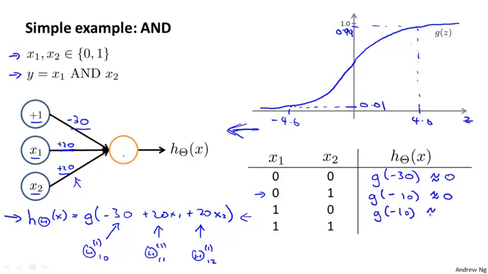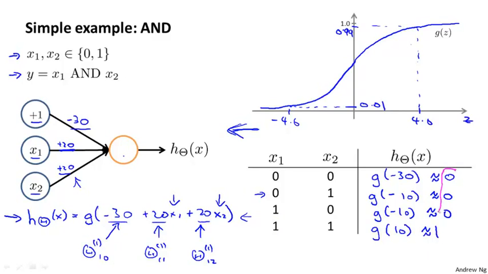This is also g of minus 10, that is, if x1 is equal to 1 and x2 is 0, this is minus 30 plus 20, which is minus 10. And finally, if x1 equals 1 and x2 equals 1, then you have g of minus 30 plus 20 plus 20. So that's g of positive 10, which is therefore very close to 1.